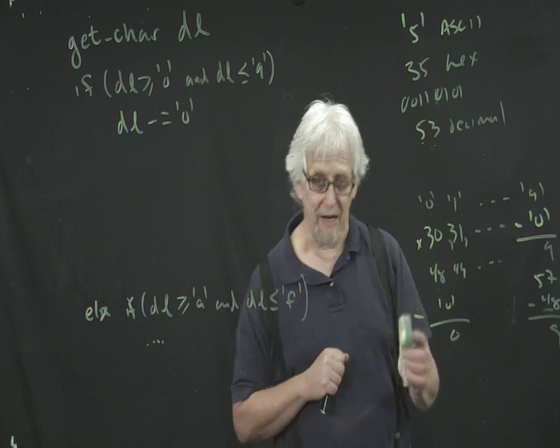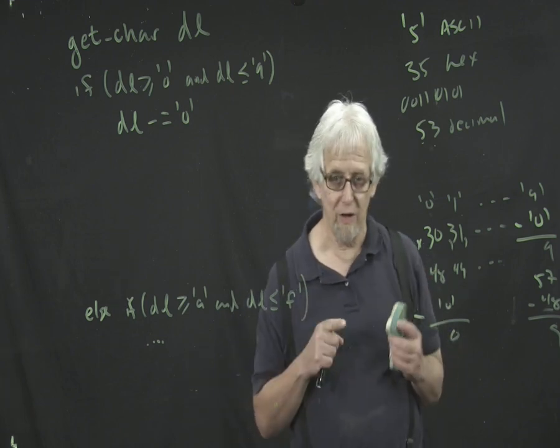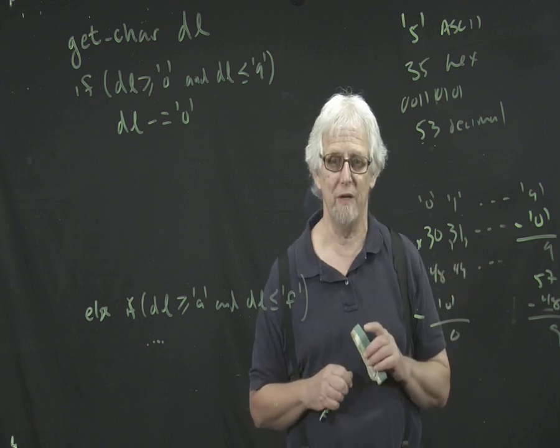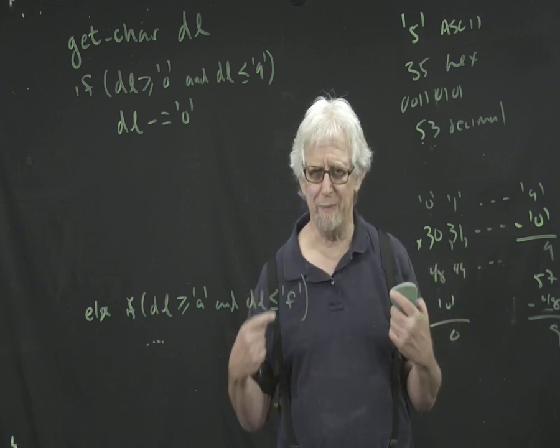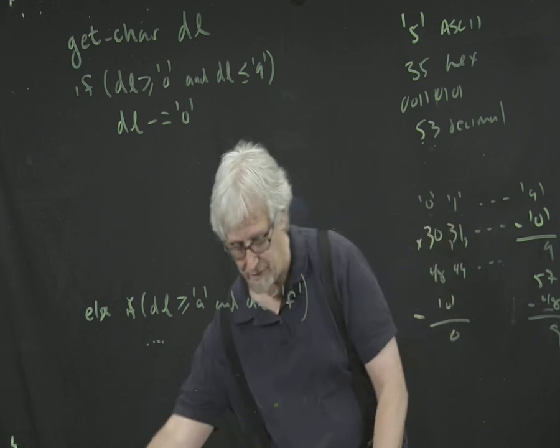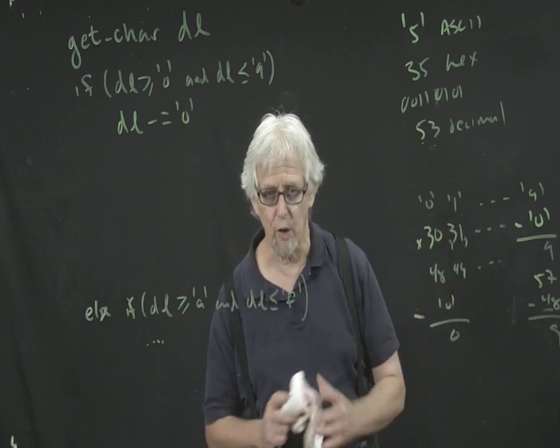So the person typed a character. And it turns out the hard part is not what I just described. The hard part is making sure that we can do a compound if statement in assembler. So I'm going to erase this part because you know it now and it was easy.